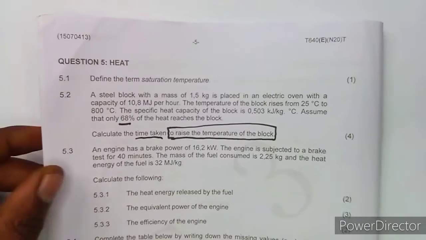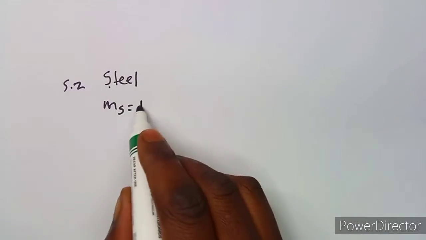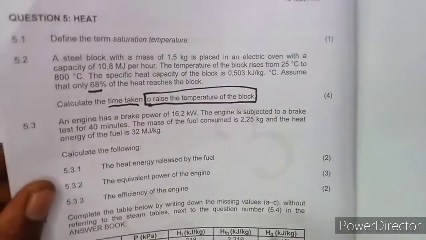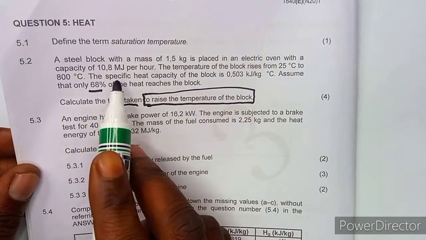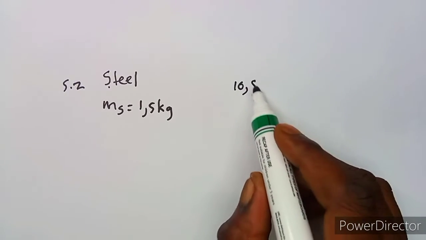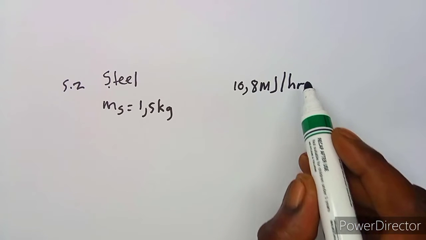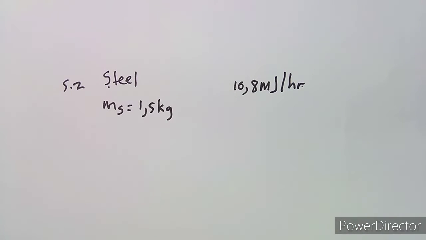The mass of steel is 1.5 kg. It is placed in an electric oven with a capacity of 10.8 megajoules per hour. Each and every hour is giving us 10.8 megajoules.